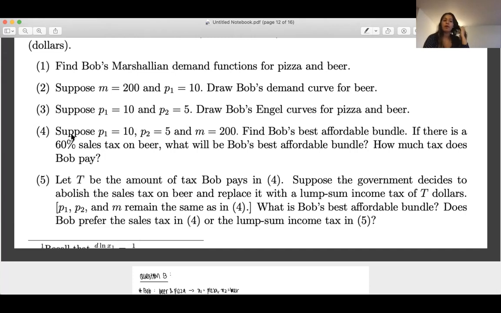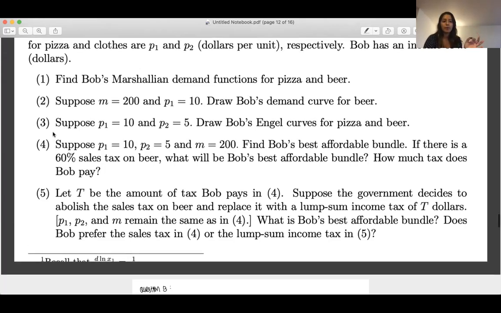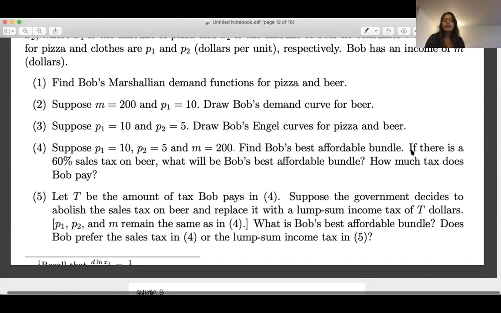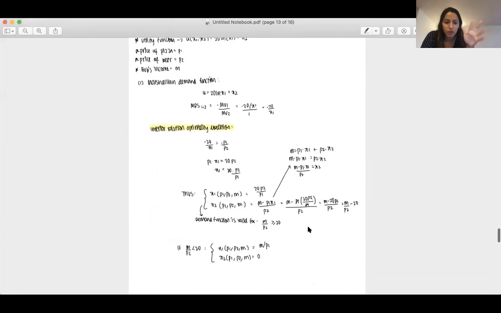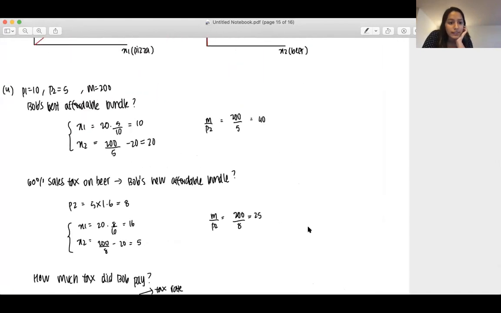That's the first part of the fourth part of question B. Then after that, they ask us if there's a 60% sales tax on beer, what will Bob's new best affordable bundle look like? And then there's a third question, how much tax does Bob pay? So the way that I've done it is I've answered one question and then stopped and then done the others. So I'll just talk you guys through it like that.